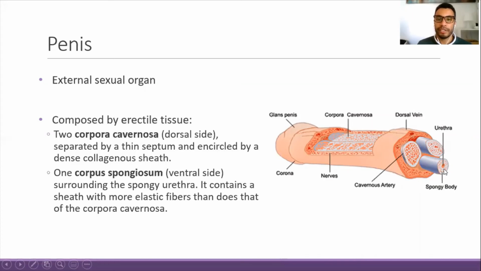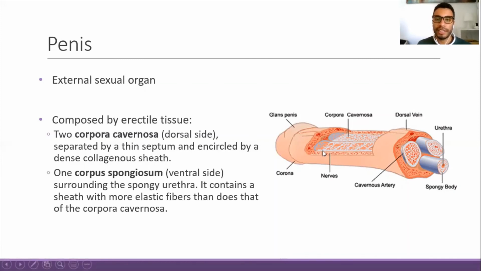And it's worth mentioning that this corpus spongiosum will run ventrally in the penis, okay? And will also make up the glans of the penis. So the glans of the penis is like a dilation of the corpus spongiosum. This area here, the corona, is the dilated area, because the glans has the shape of a mushroom.